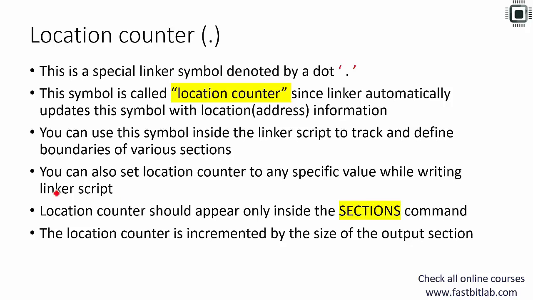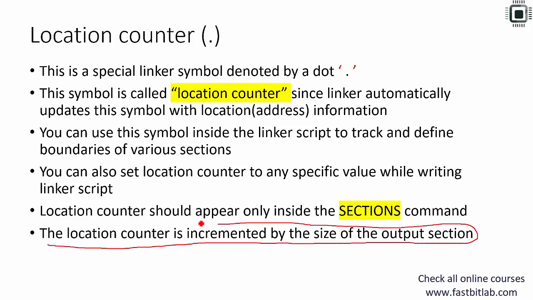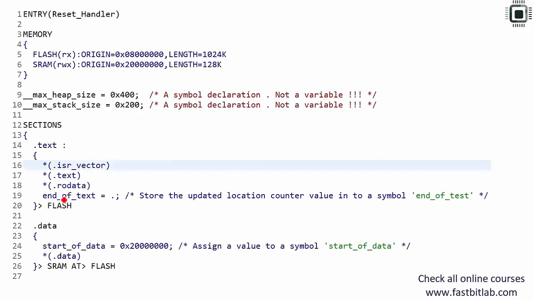Let me open that. The location counter is incremented by the size of the output section. This will happen automatically by the linker. At the beginning, the location counter is equal to the VMA. That is assumed by the linker. That means dot is initially equal to this address, 0x08000000.